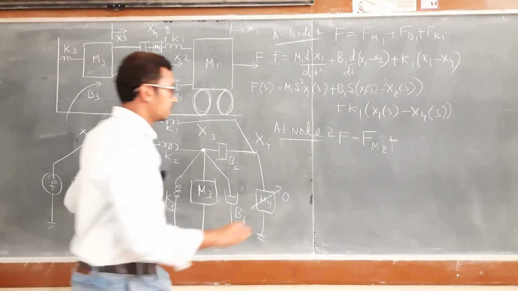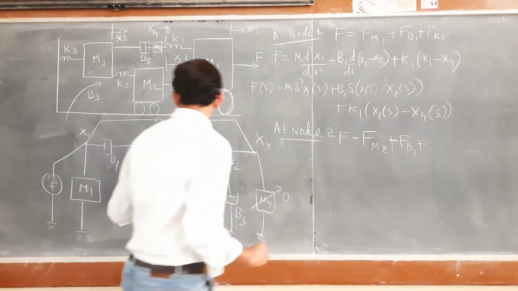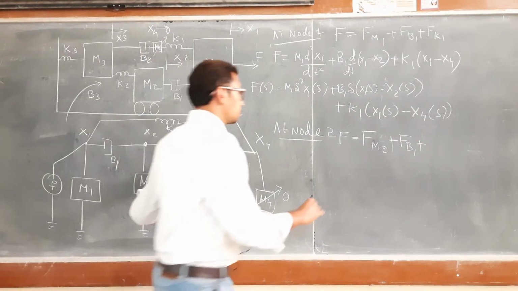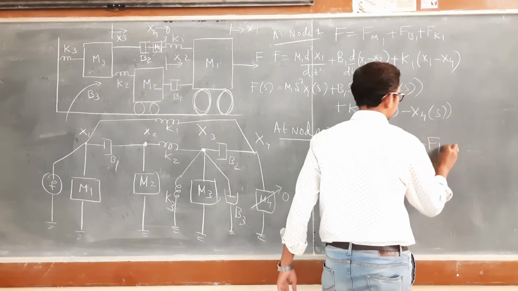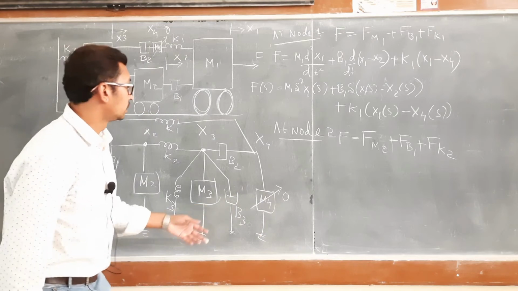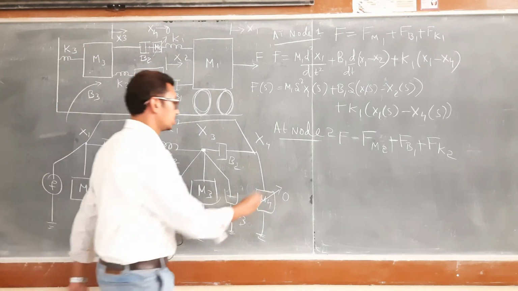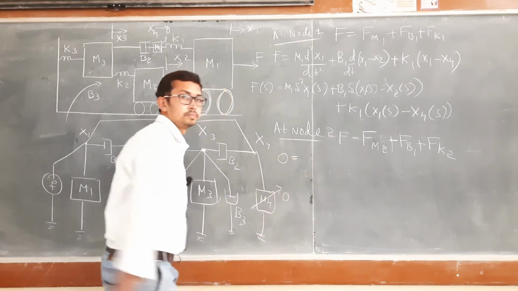F of B1, plus what we have? F of K2. So write a differential equation for this. If there is any applied force to node number 2? No applied force, so therefore it will be 0.